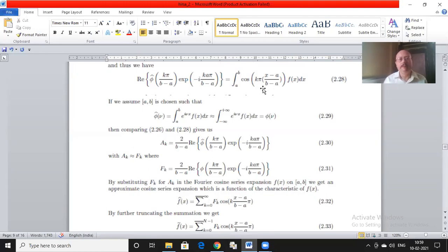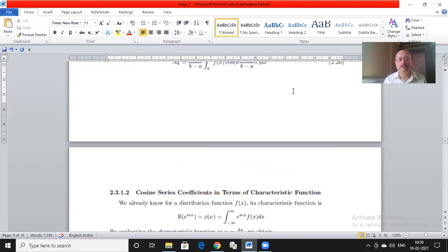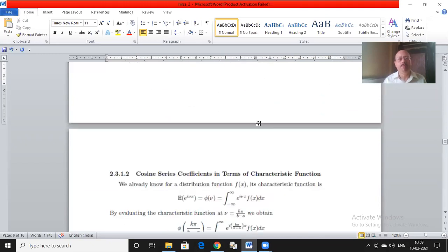Because if you look at this integral here, this right hand side of 228, that is same as the right hand side of 226.